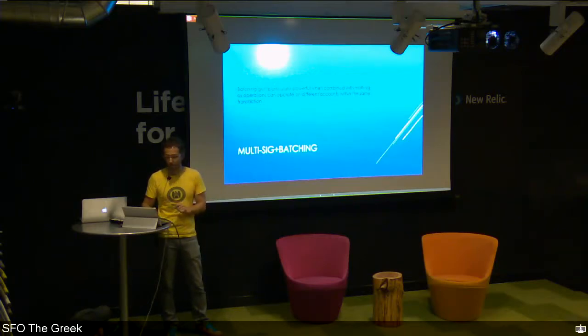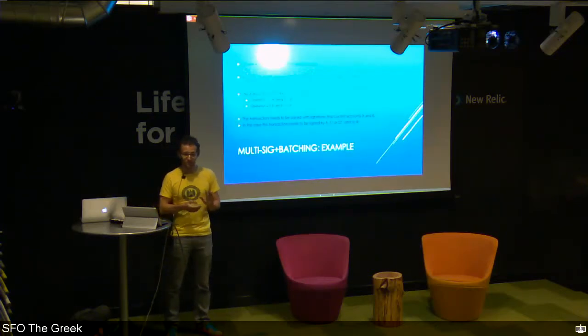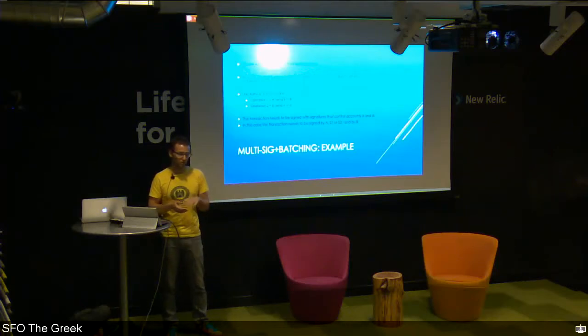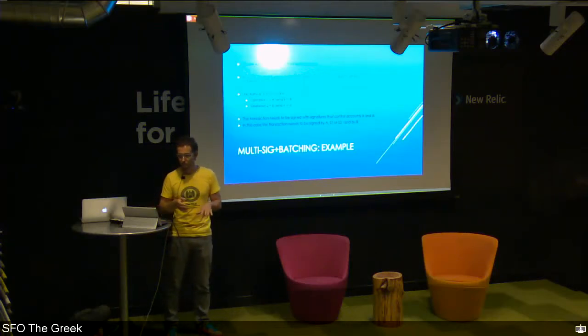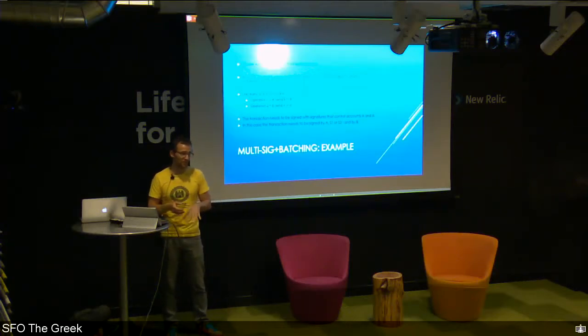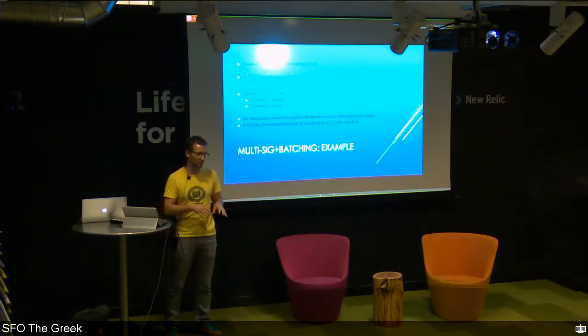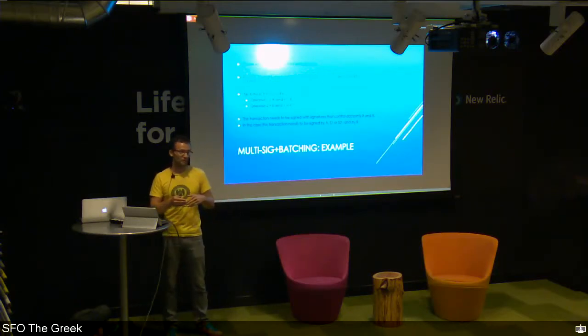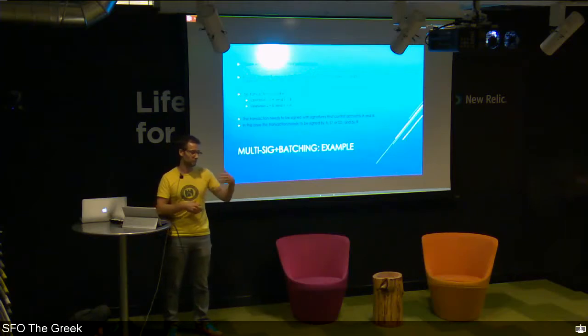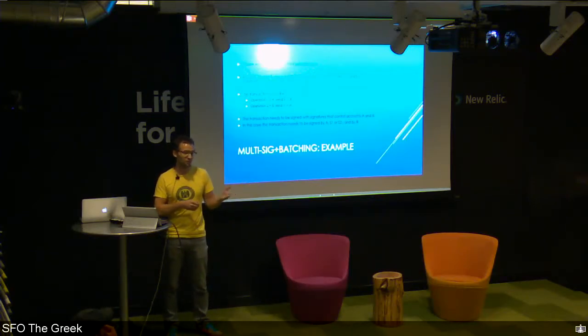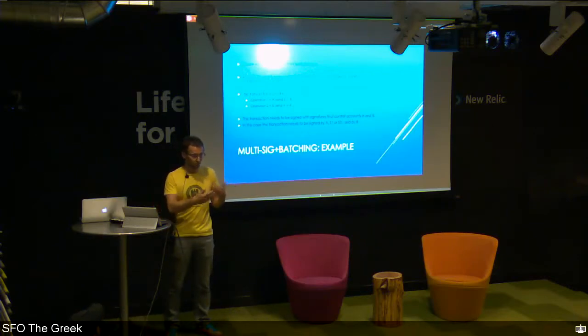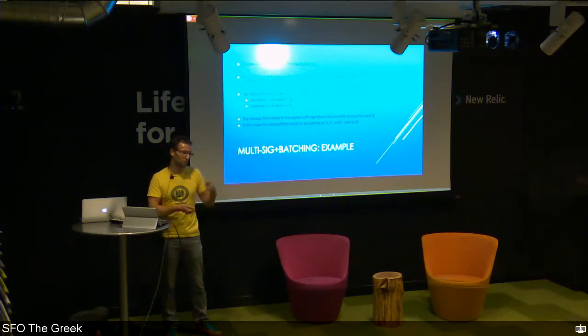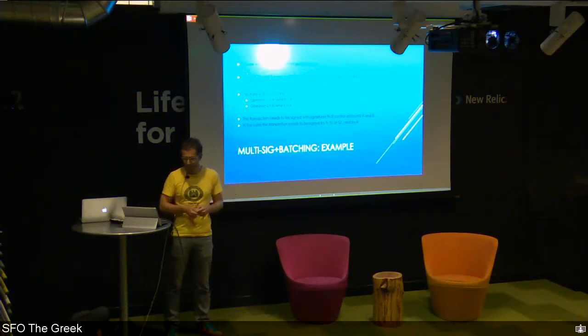But with multisig, you can do much more interesting things. An example I have here is a private exchange without a third party. In Stellar, we have this offer book. That allows you to put in the public book an offer where you want to exchange some asset for another.